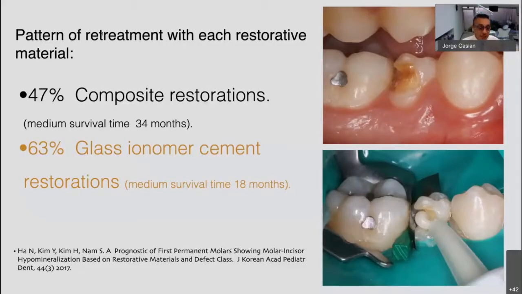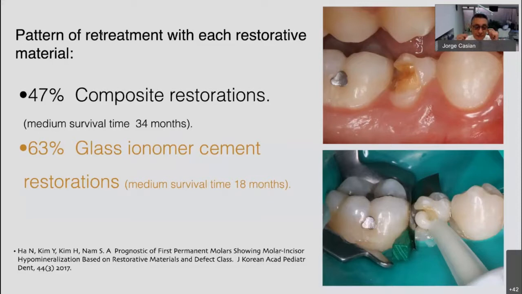This was published in 2017. And they found that 47% of composite restorations needed to be replaced after 34 months. It is not too bad. It is almost 3 years. Maybe it is okay for a hypomineralized molar.